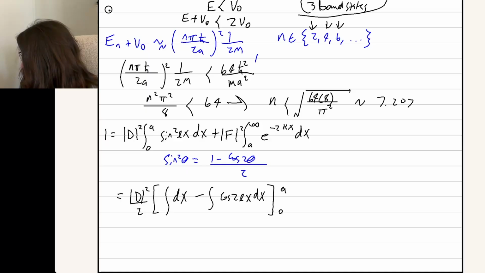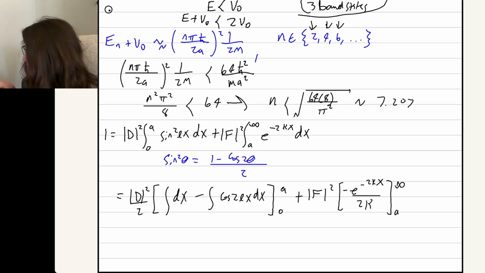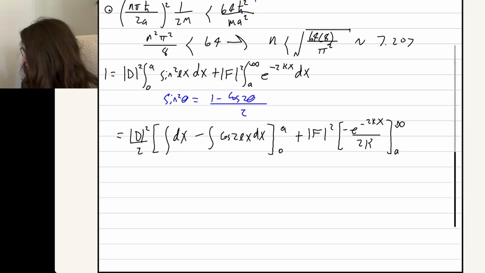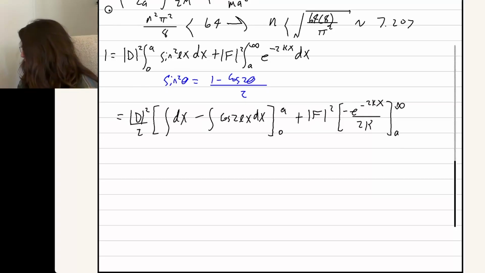The exponential integral is pretty easy, because it's just e to the minus 2 kappa x over minus 2 kappa. I'm going to say k and kappa interchangeably in this video, just fair warning. I mean kappa. So let's do these integrals.